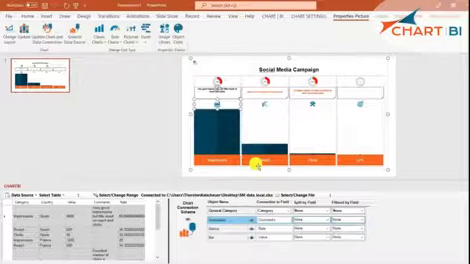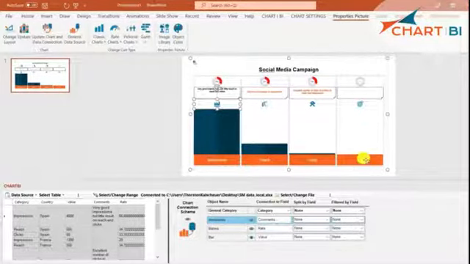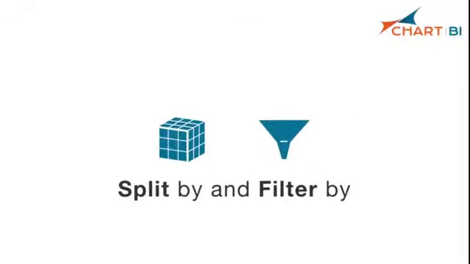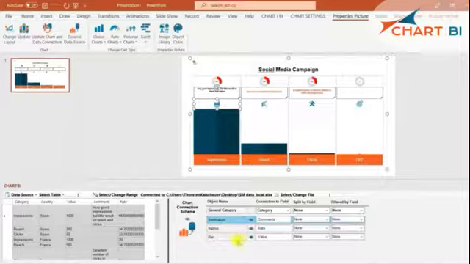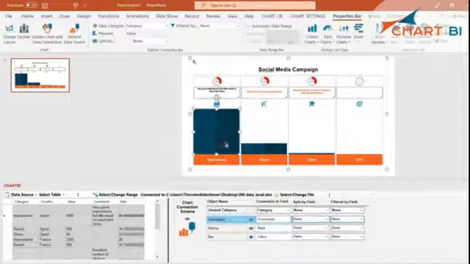The next thing I would like to do is see the impressions, the reach and the clicks split by country, and I would not want to see the cost per click, so I would like to filter this out. So let's first split the chart by country. I don't want to split the annotations.